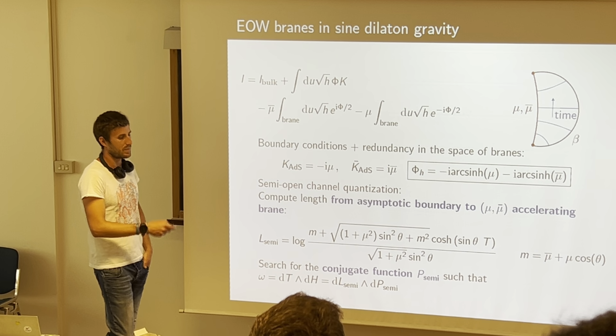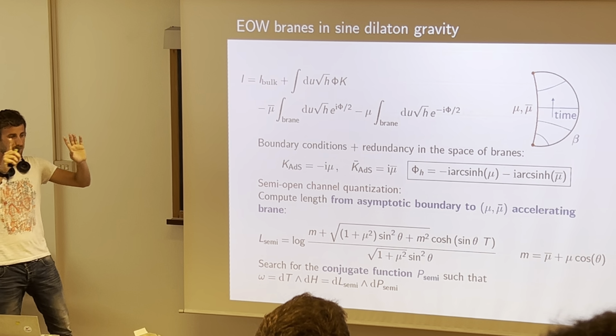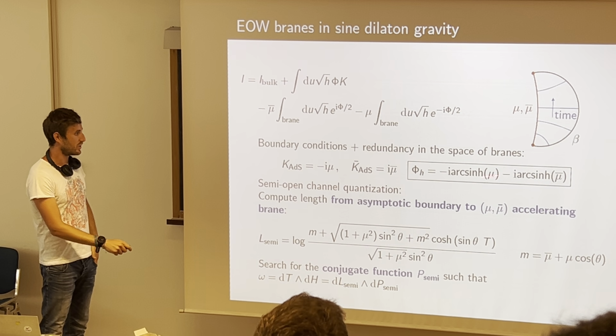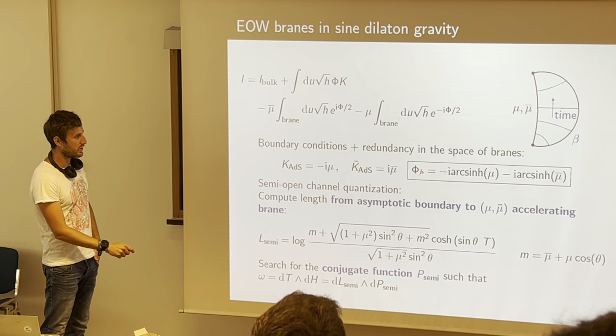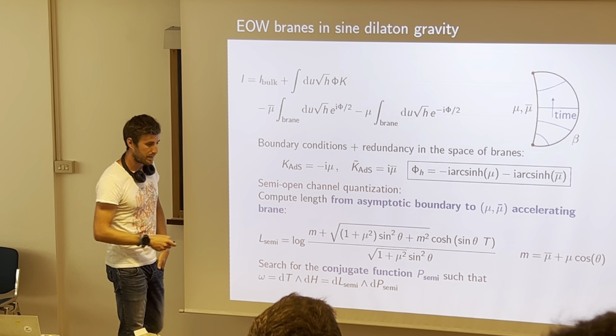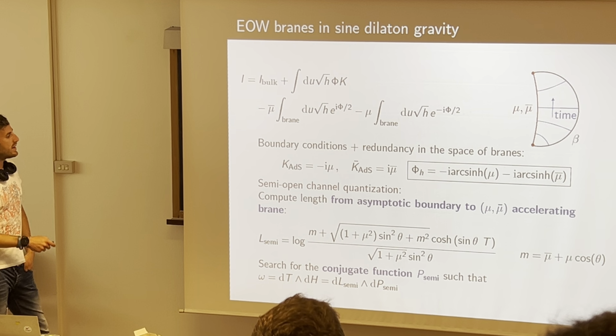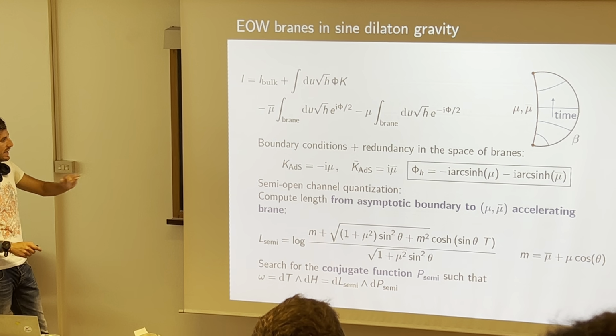This makes sense if you think about the Wheeler-DeWitt equation, because it was coupling K and K bar. And it will turn out that this gauge invariant quantity is once again given by the dilaton evaluated on the black hole horizon. So very quickly, the computation is highly technical, I just want to highlight the main steps.